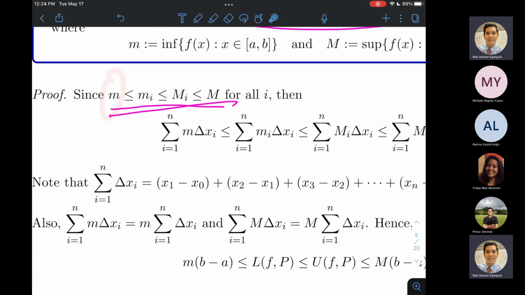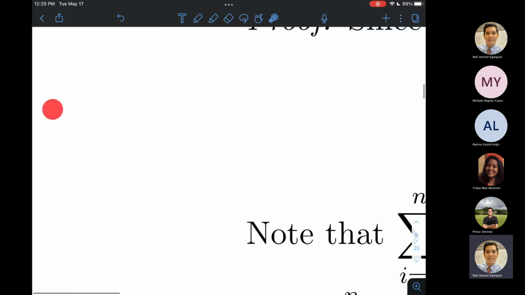Little m is the infimum all throughout the interval AB, so ito yung sort of minimum sa buong interval AB. So yung minimum sa bawat interval ay dapat mas malaki dun sa minimum over the entire interval. Tapos yung maximum sa bawat sub-interval ay mas maliit dapat dun sa maximum doon sa buong interval AB. Kasi parang ganito yung mangyayari.